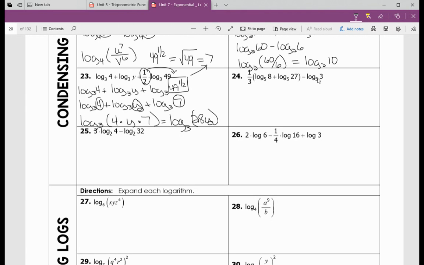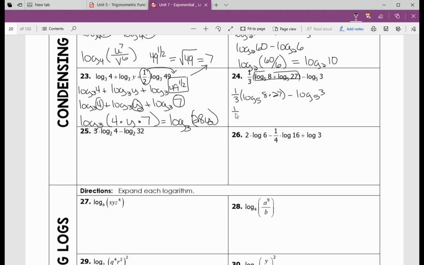In the next example, 24, I have to do what's in parentheses first. So log base 5 plus log base 5, that gives me 1/3 log base 5 of 8 times 27 minus log base 5 of 3. Now, you can multiply 8 and 27 together, and you get 216.